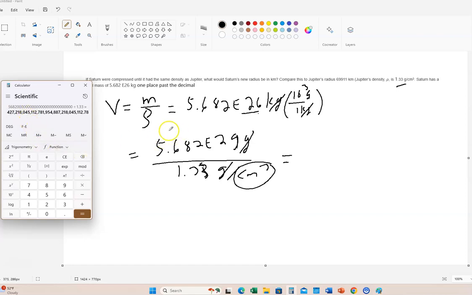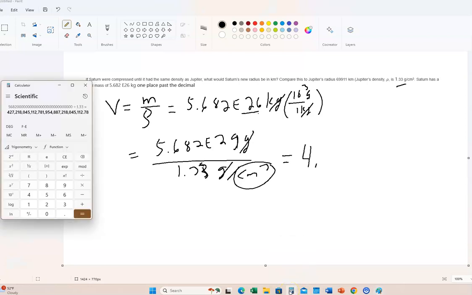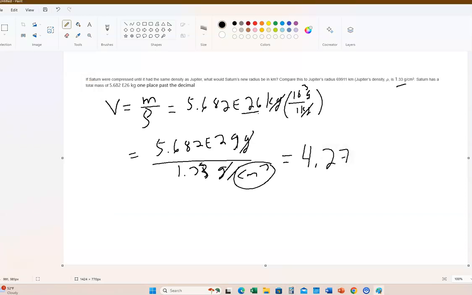So the new volume would be, let's write it in better terms, 4.27 times 10 to the 29th, and remember, because this has cubic centimeters in the denominator, it comes up to the numerator, centimeters cubed.